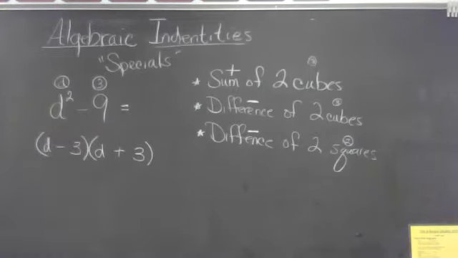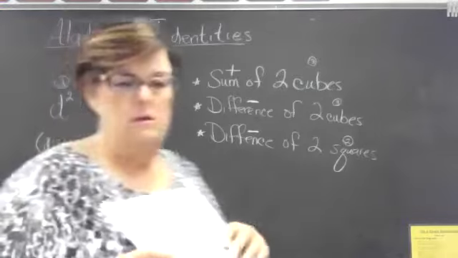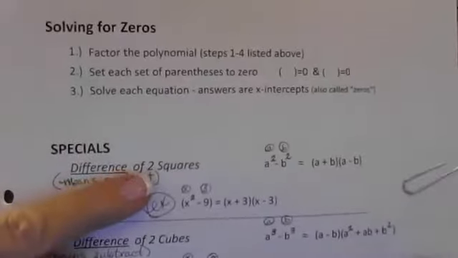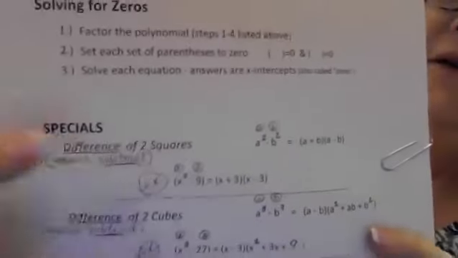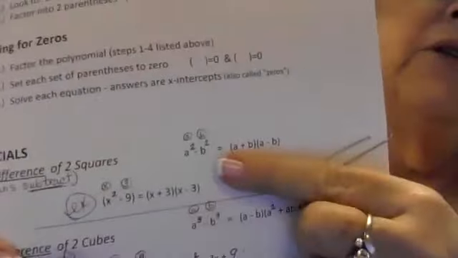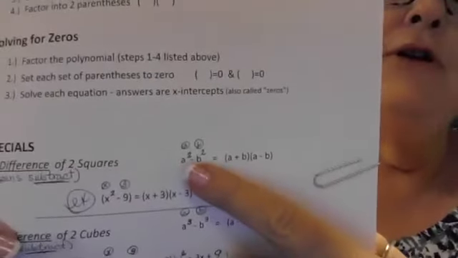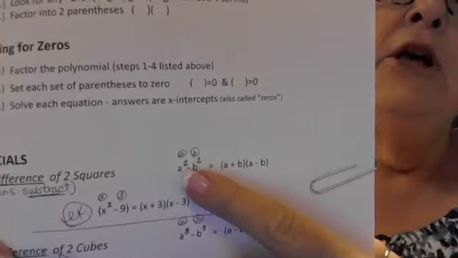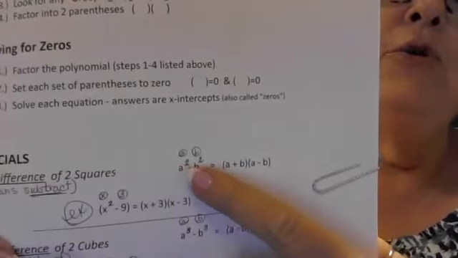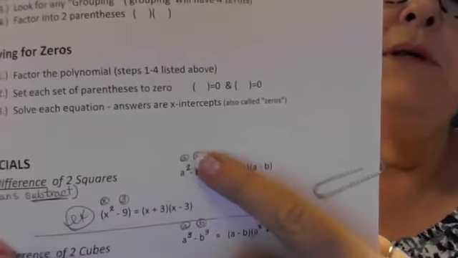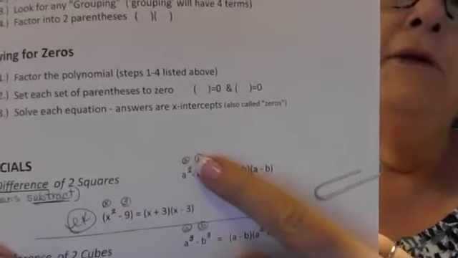Let me show you. So the way you read this now, here's the difference of two squares. This right here is the pattern that you're going to look for. You're going to make sure that there is a minus. You're going to make sure that you can find the square root of both of these pieces and put them in a circle.